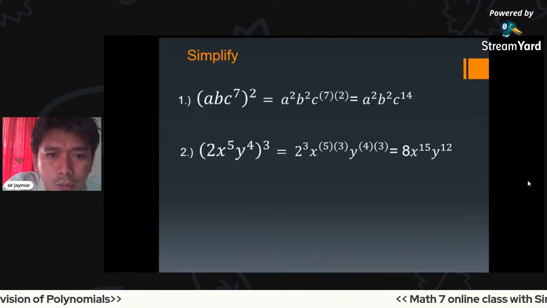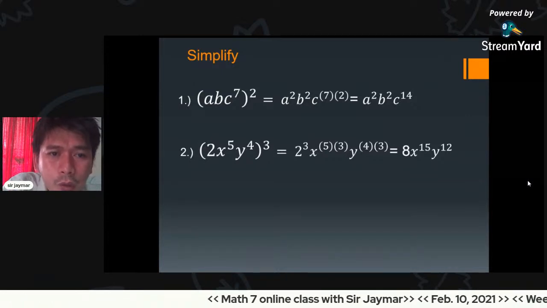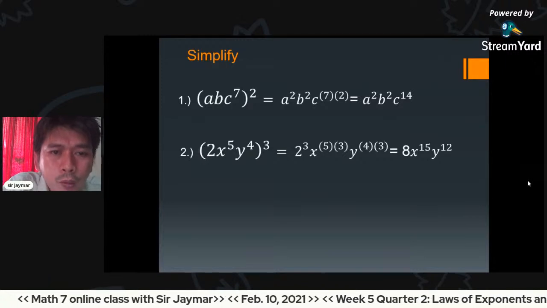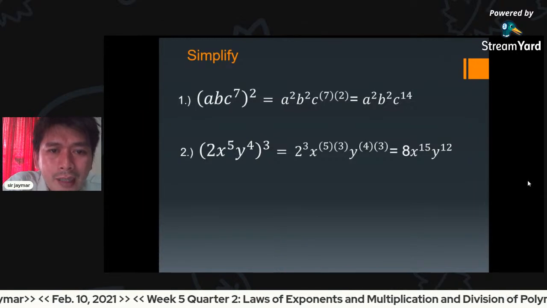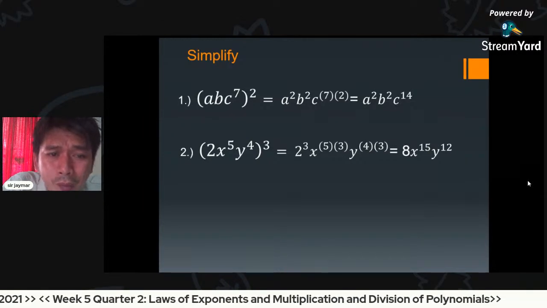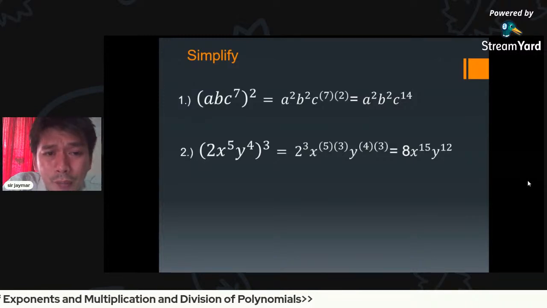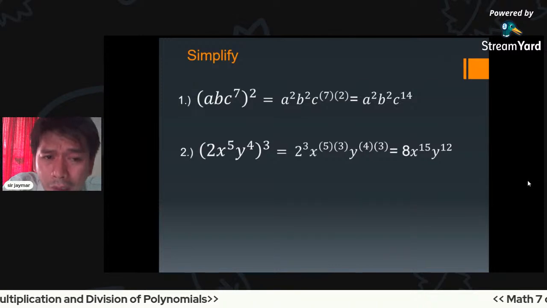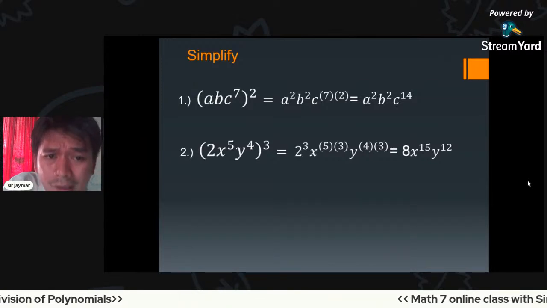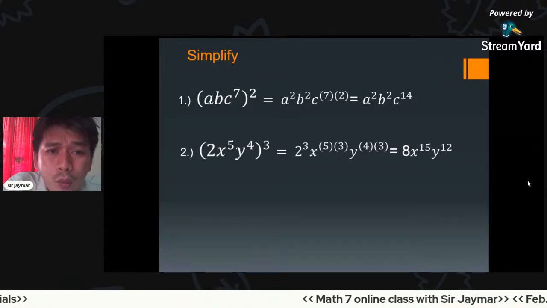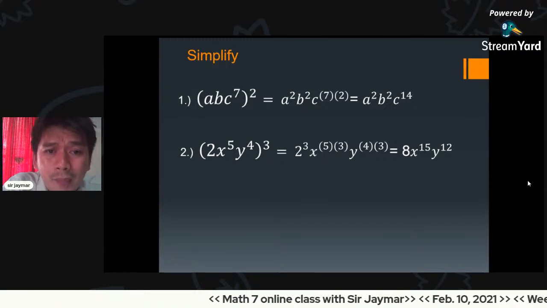In number 2, what is the cube of 2x raised to 5, y raised to 4? As I have said already, any number or variable that has no exponent is understood to have an exponent of 1. So the 1 in the exponent of 2 is multiplied by 3.